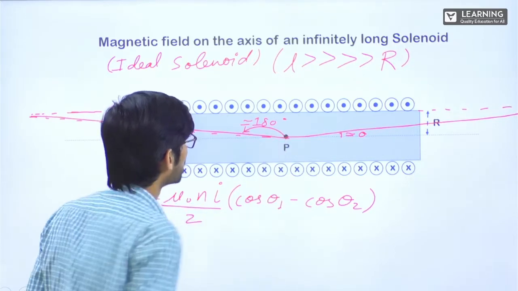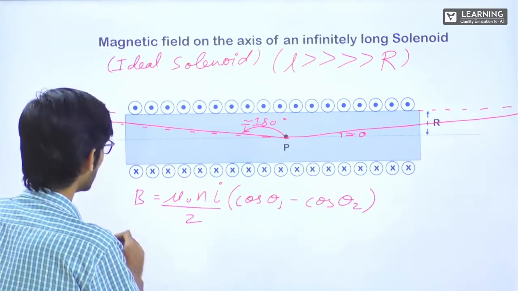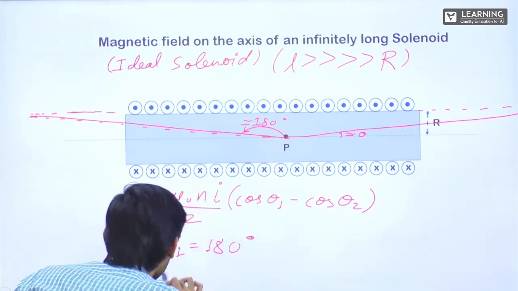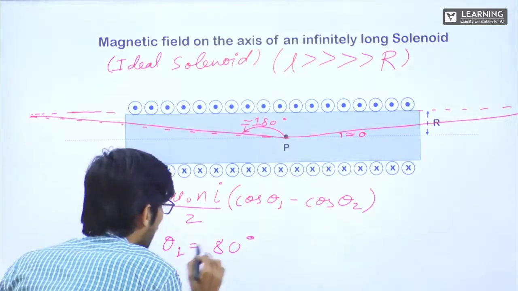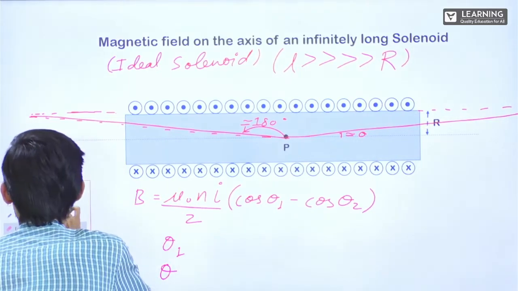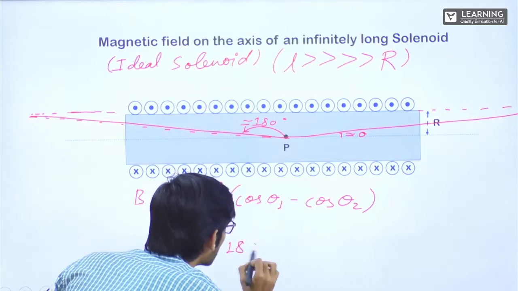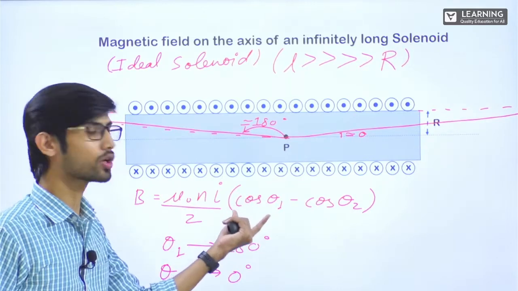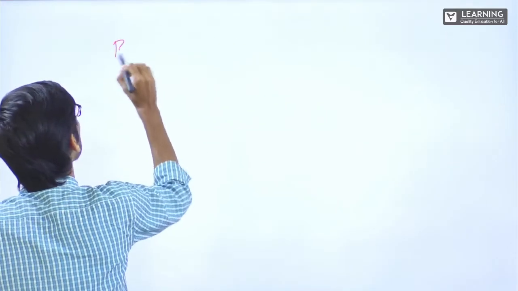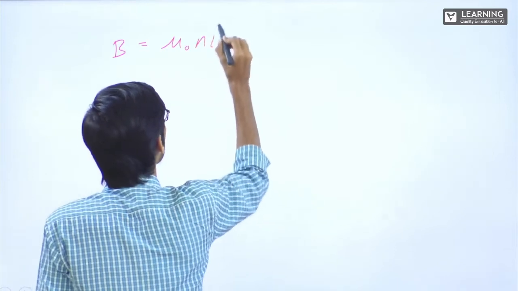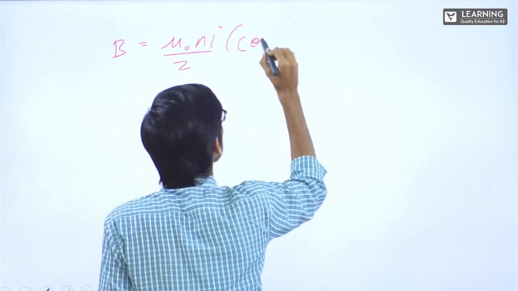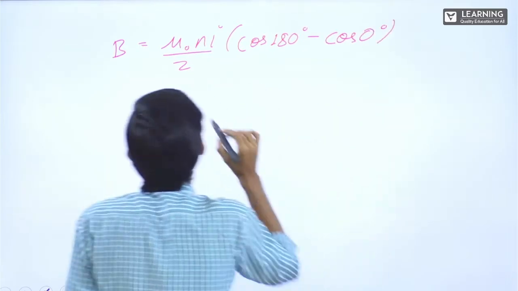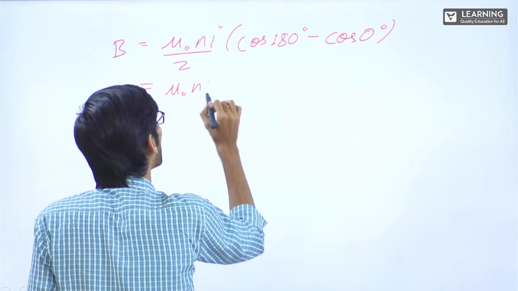So theta 1 is equal to 180 degrees, and theta 2 tends to 0 degrees. Putting these two values here, B is equal to mu naught Ni by 2 (cos 180 degrees minus cos 0 degrees). That is equal to mu naught Ni by 2.